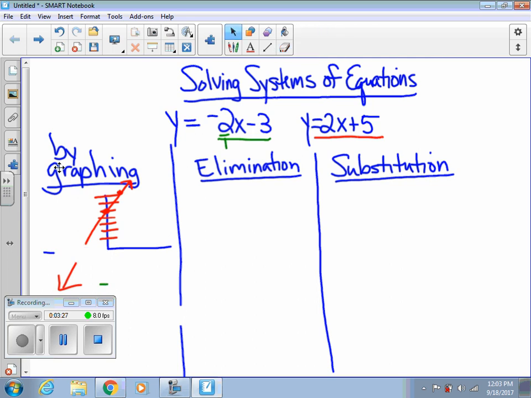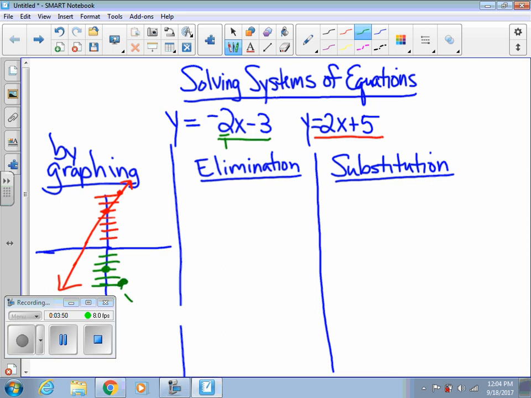We start at negative 3 and make a point because that's where we begin, and then we go down 2, over 1. And it's more like that. So you need to make sure that you're extending your lines. If that was on graph paper, we would be able to tell right away where that is.